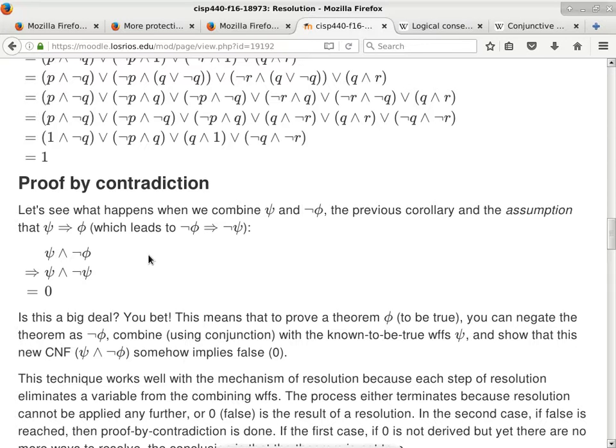I'll just go ahead and point on the whiteboard. Forget about psi and just forget about that stuff here. Not phi implies not psi is a result of this, which we just talked about earlier. Is that okay? So that is established.